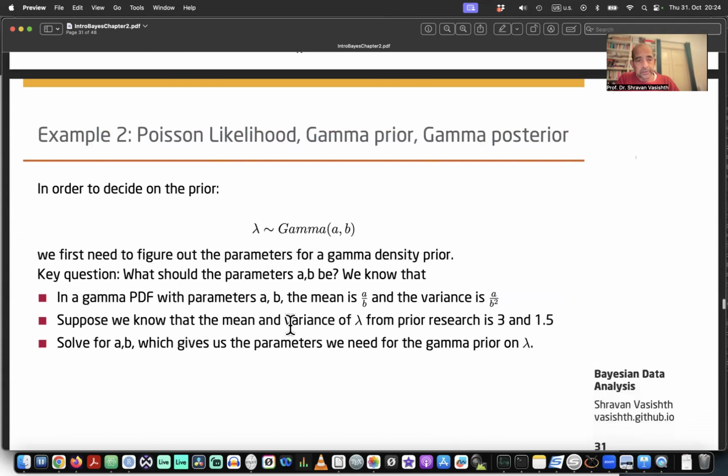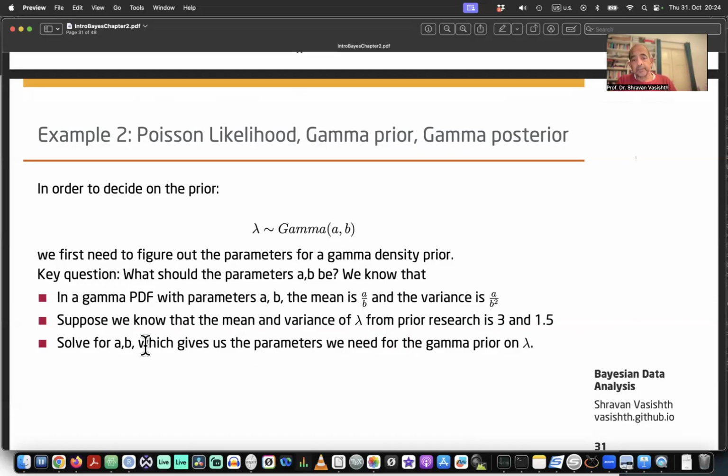But we're going to do it in a more principled way. We're going to define a gamma prior on the lambda parameter, but we have to have a more principled way to decide on the A and B parameters. So we're going to use the information that we already have from previous research. We know that the lambda parameter has a certain mean and a certain variance.